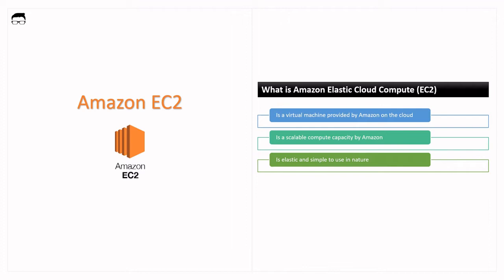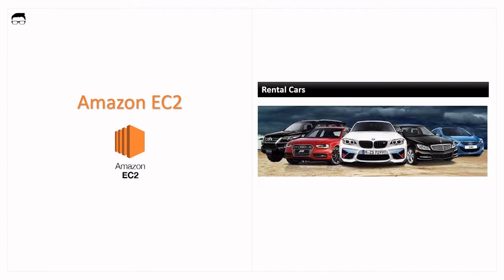So let's look at a real life example. Let's assume that you want to go on a tour and you do not have a car. You are looking for a rental car. There are some key aspects that you would look at on a rental car. Number one, you would look at the size of the car, whether it fits your family or not.